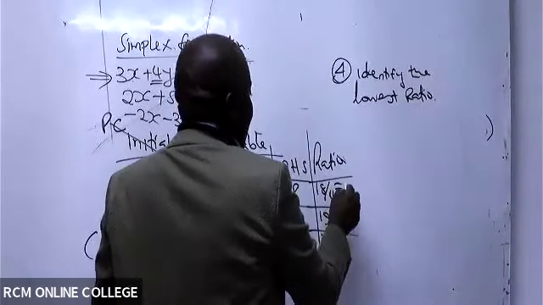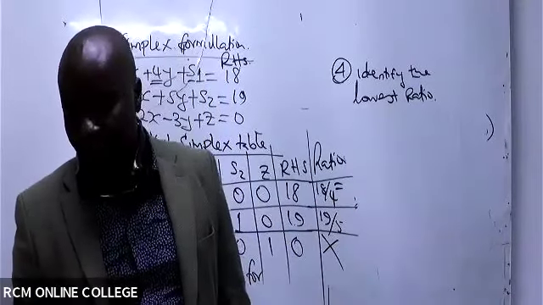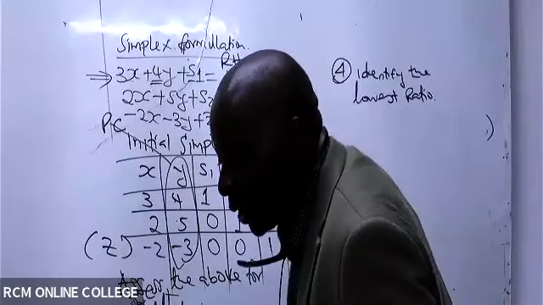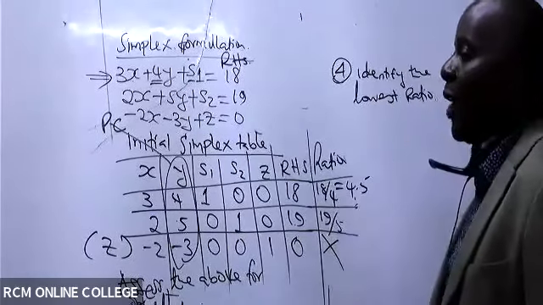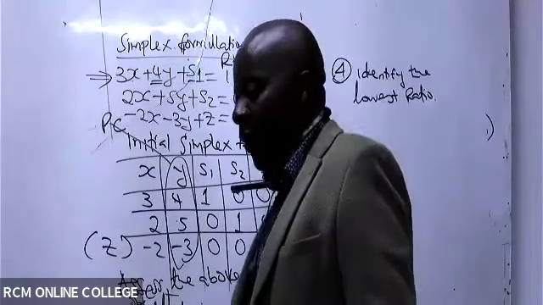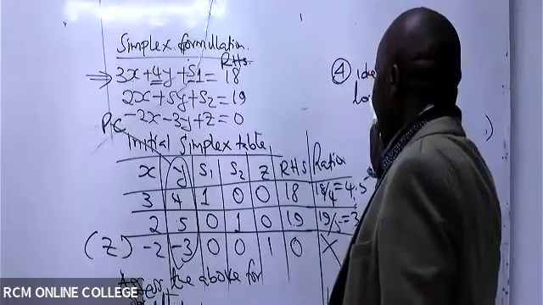So what is 18 divided by 4? This is 4.5. How about 19 divided by 5? 3.8. 19 divided by 5 is 3.8.